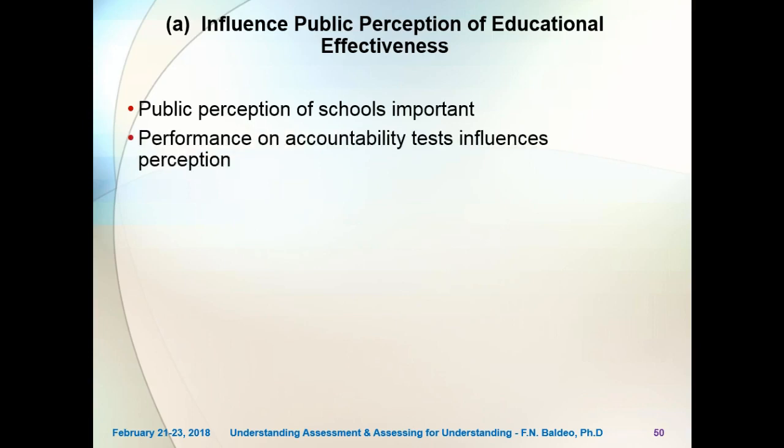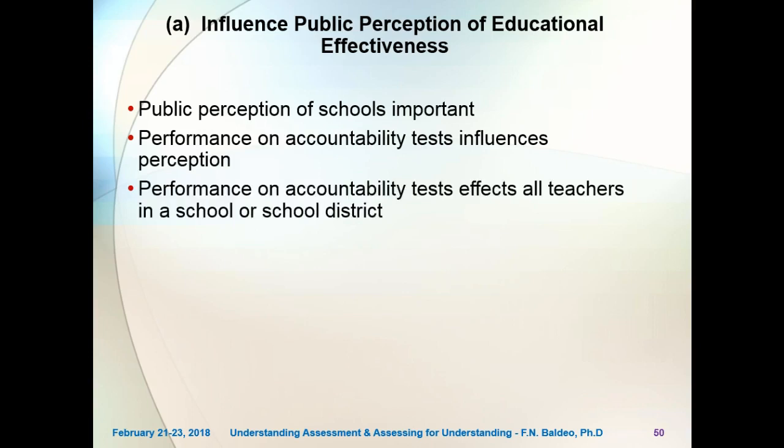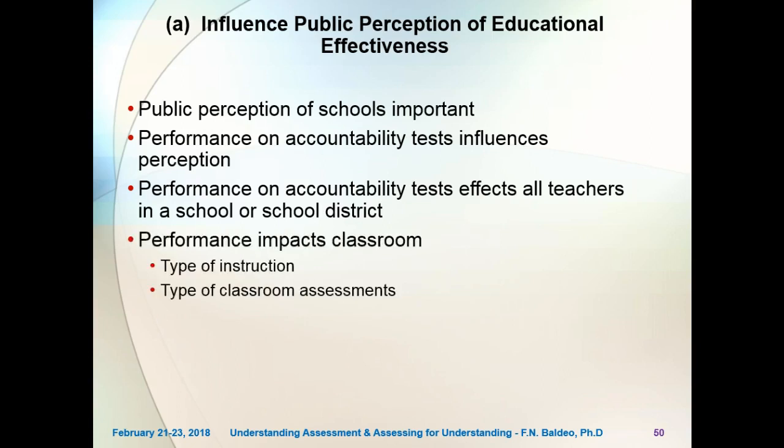Performance on accountability tests influences perception and affects all teachers in a school or school district. If it is known publicly that your school is doing well, it gives you a sense of satisfaction as a teacher in that school. And of course, performance impacts classroom instruction and the types of assessment done in the classroom.